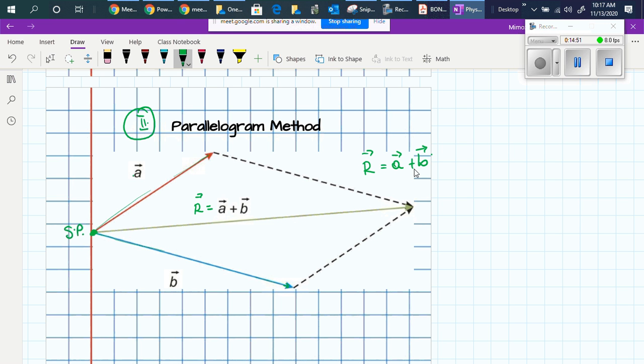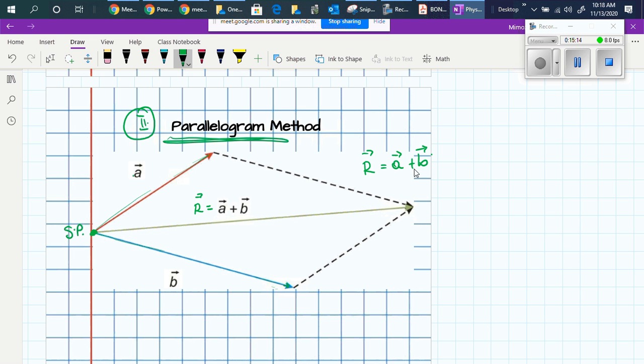And now using those two lines, you will construct the parallelogram, and this is where the name parallelogram comes from. Keep in mind that a parallelogram is a 2D shape whose sides are two by two equal and parallel to each other.